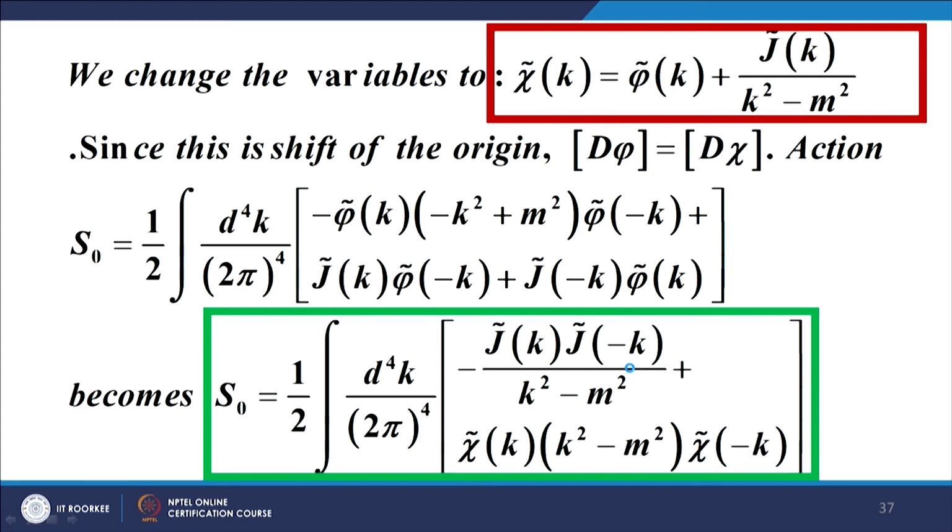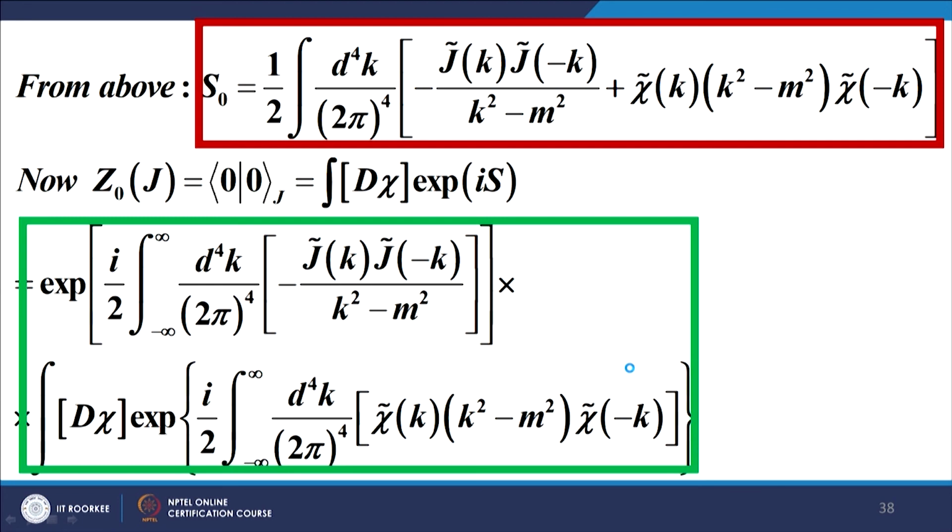And in terms of the new chi variables, the action now takes the form which is given in the green box at the bottom of your slide. Right. So, this is what we have from the previous slide.